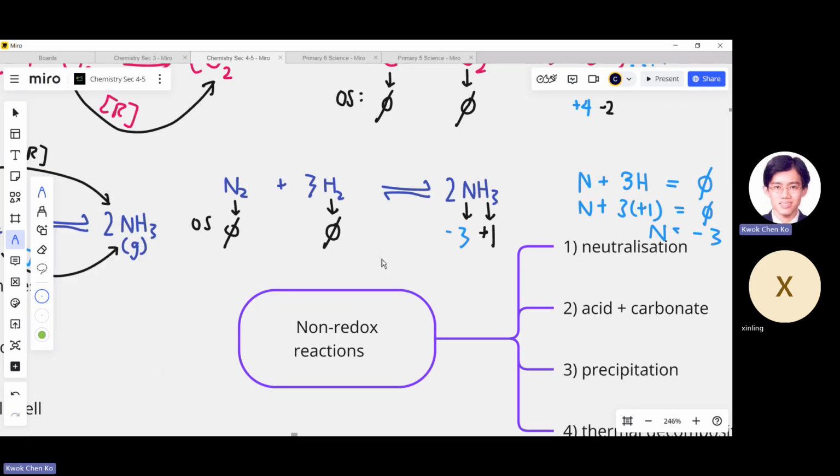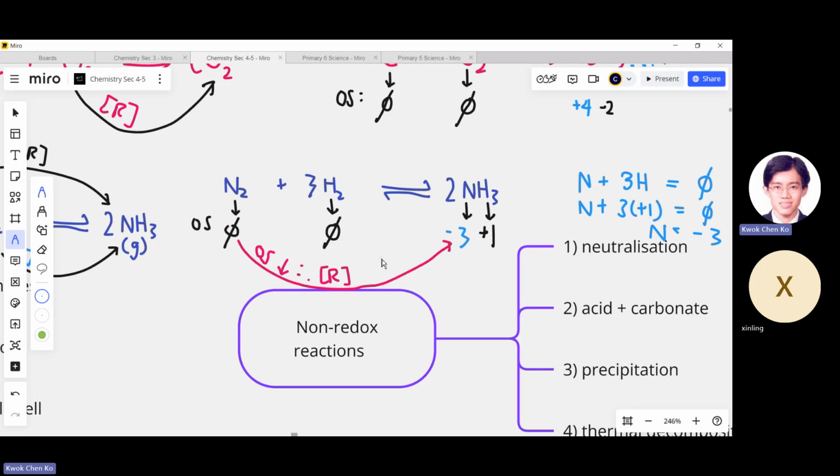Same thing, pair them up, nitrogen to nitrogen. OS changes from 0 to -3. So it's a reduction in OS. Therefore, this is a reduction. 0 to -3.